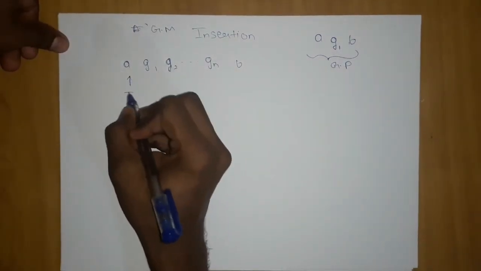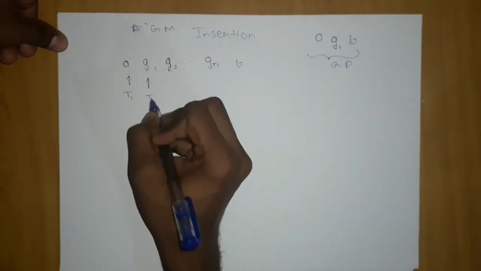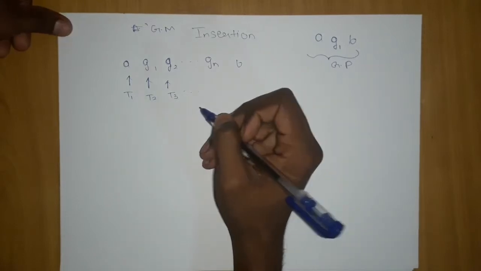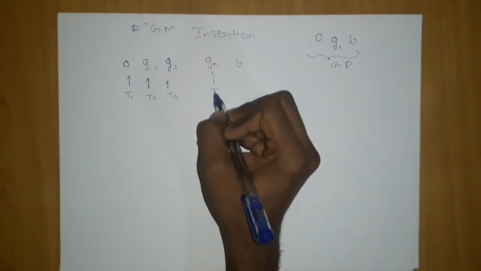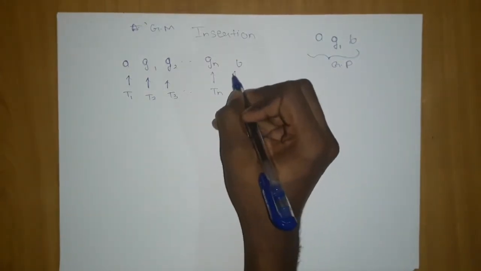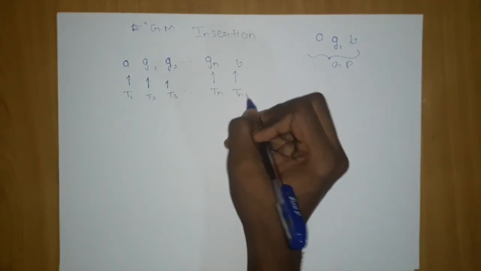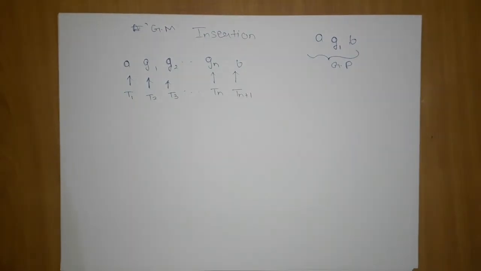If I call this T1, this T2, this T3, this will be Tn, and this will be Tn plus 1.